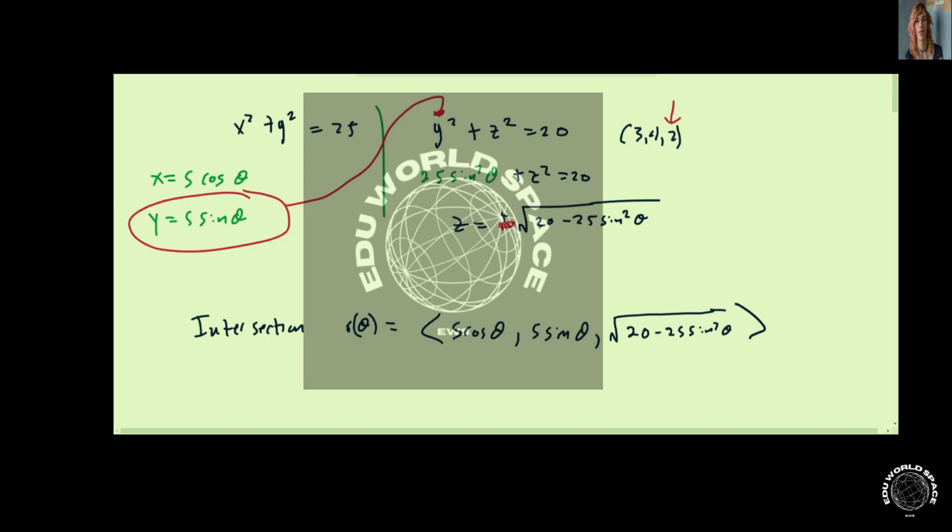So this is going to be our parametric equation. Now what we need to do is figure out what theta is at this point, and then we can take the derivative and go from there.